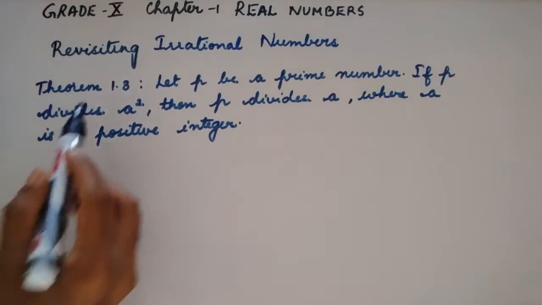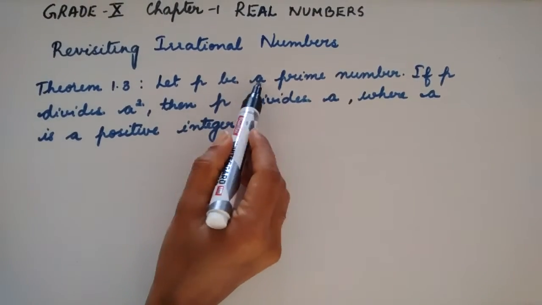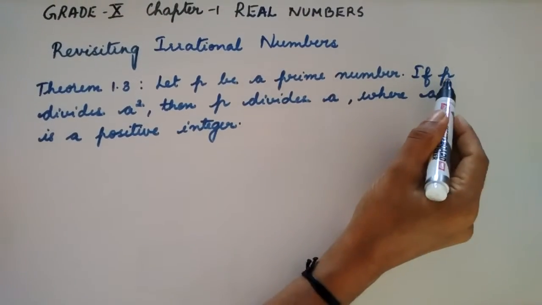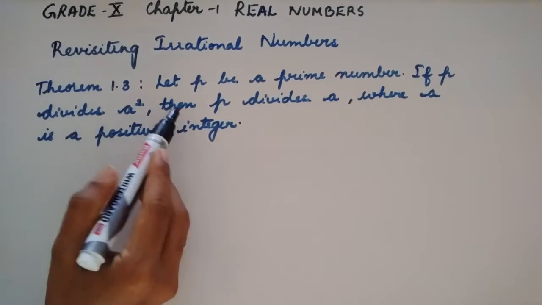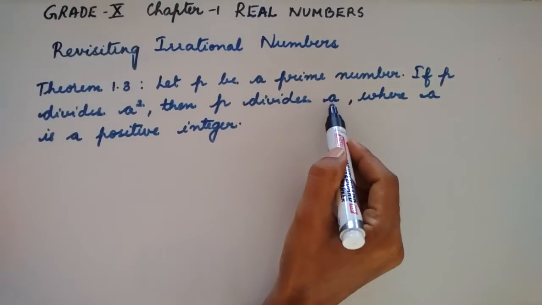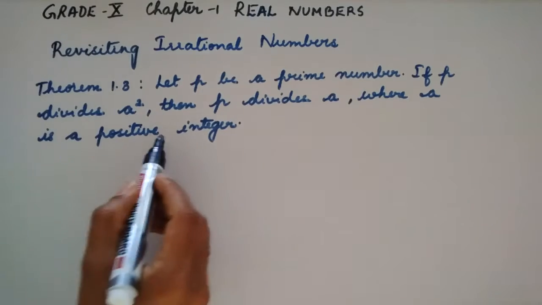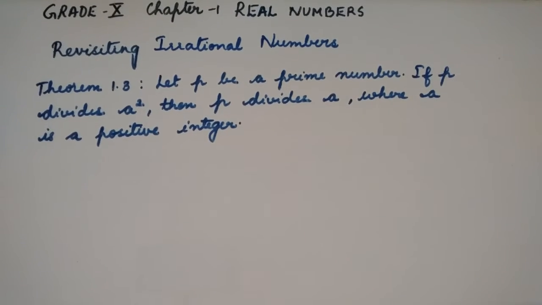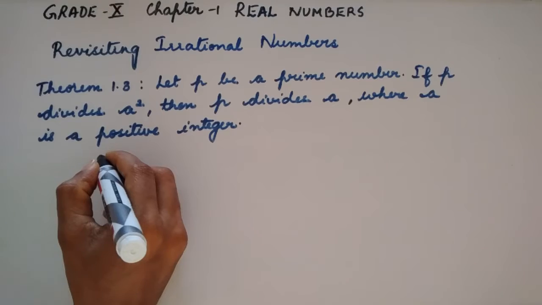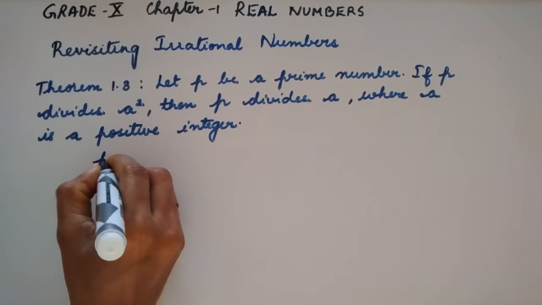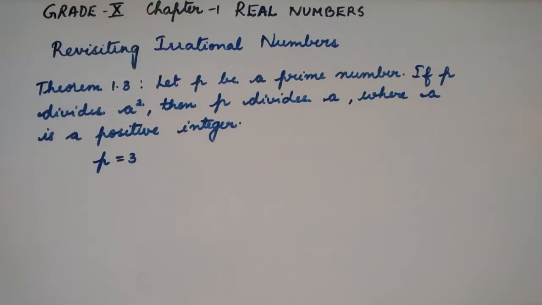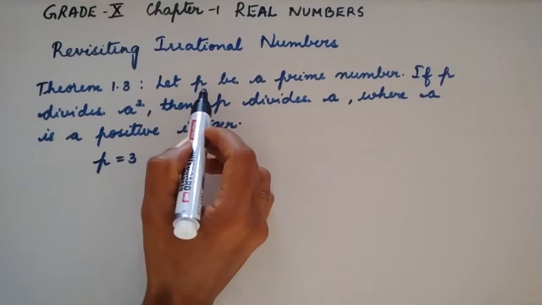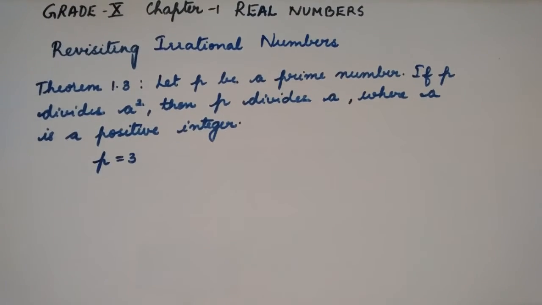The statement of the theorem is: let p be a prime number. If p divides a square, then p divides a, where a is a positive integer. So let me first take a general example to understand this theorem. Let me take one prime number, 3, that is p is equal to 3, because it is given let p be a prime number.